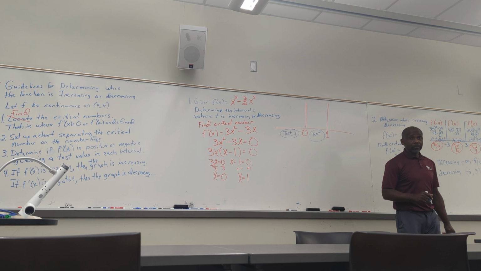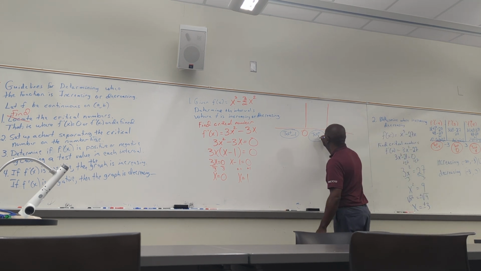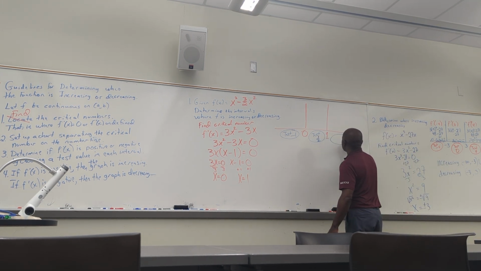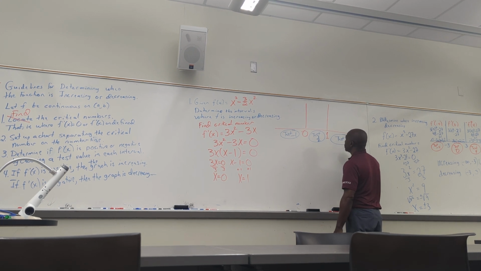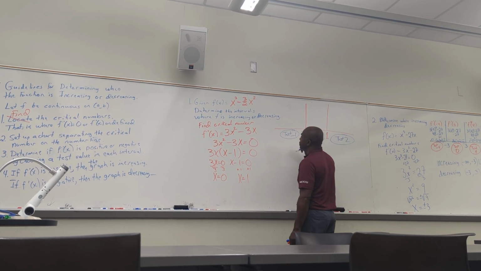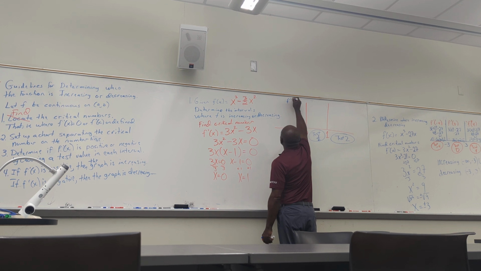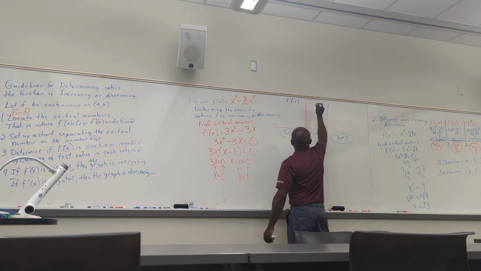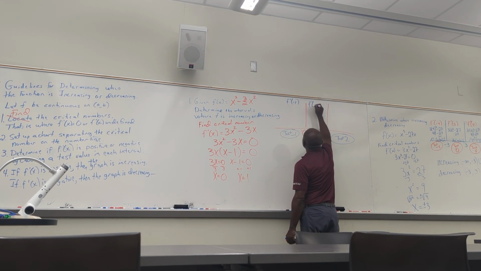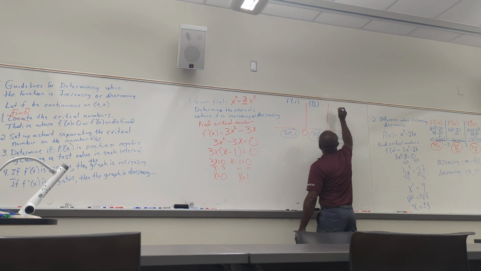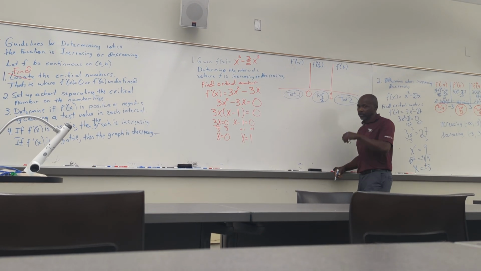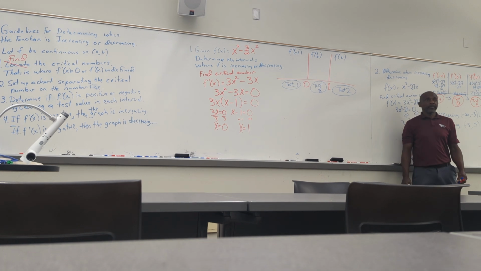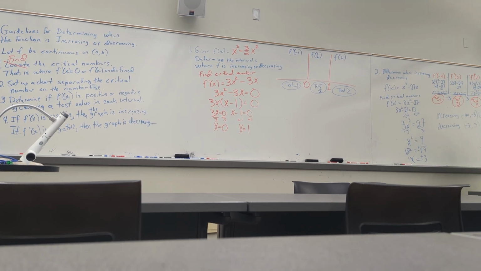What value would you like to test here? 2. So that means now, class, we gotta find f prime of -1, f prime of 1/2, and f prime of 2. We good?